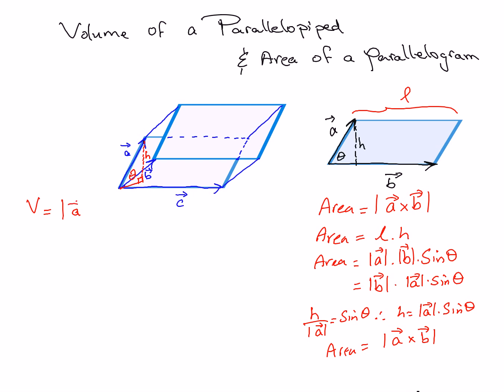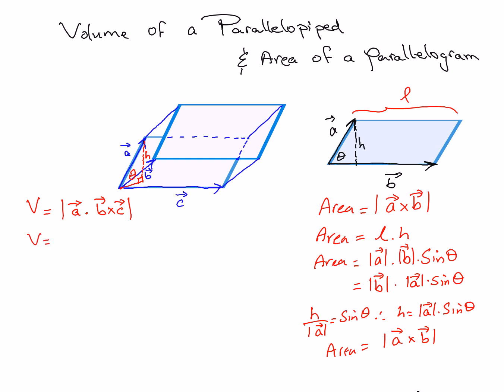We could do A dot B cross C. And the reason why I did A dot B cross C is simply because B cross C will give me the area of that base. And when I do a dot product with the A, I get the height, and therefore I'm having the area of the base multiplied by the height, and I get the volume.